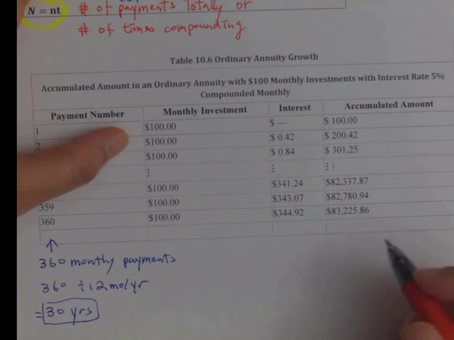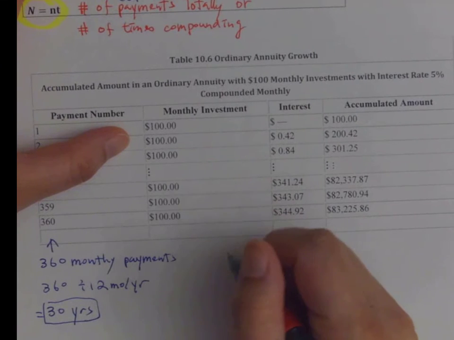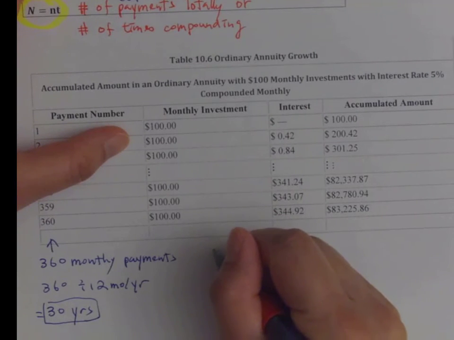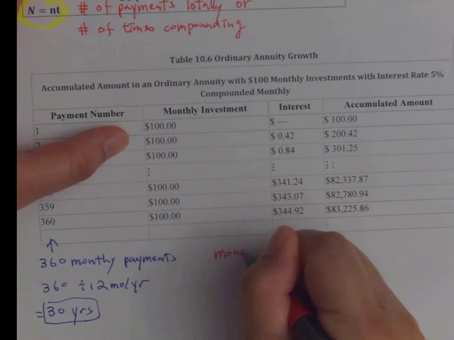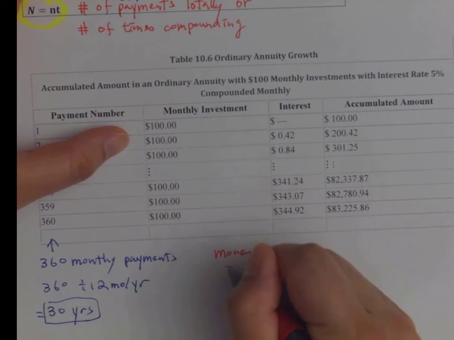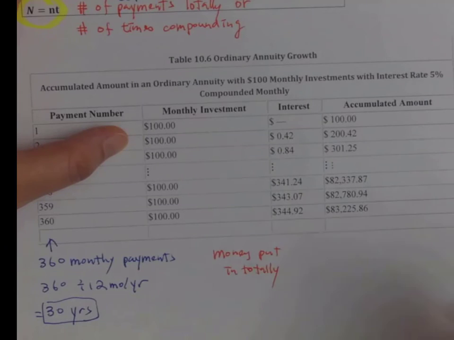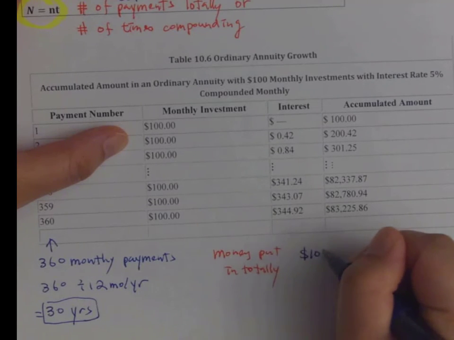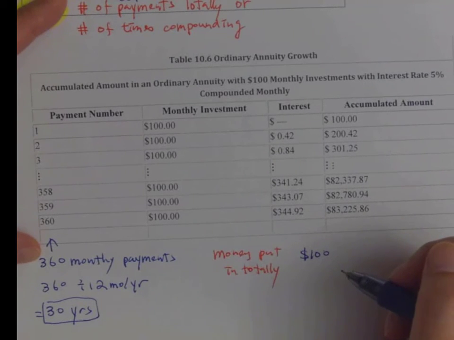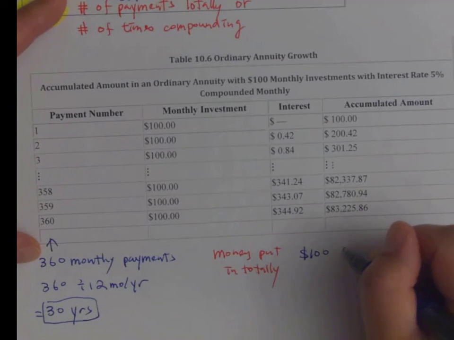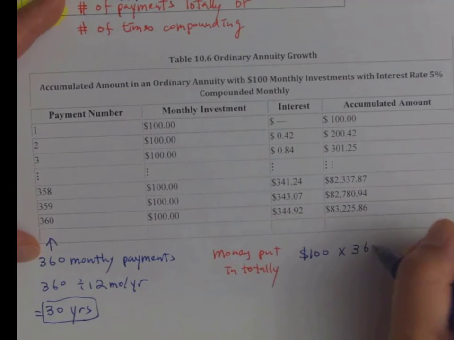We can double check it, I guess. So let's think about how much money you put in totally. If each month I put in $100, and totally we have 360 payments, right? So I'm going to multiply by 360 payments.